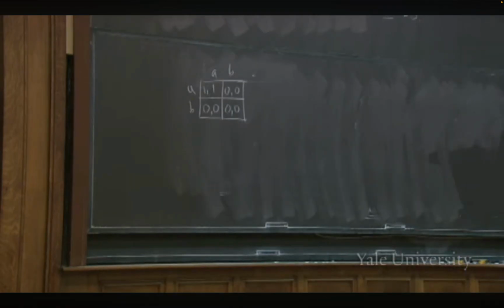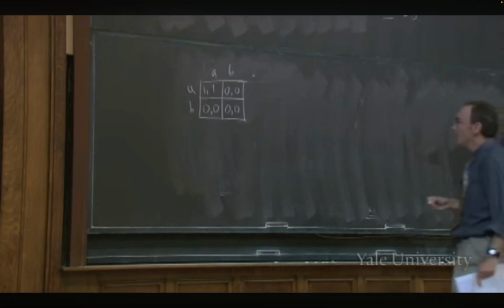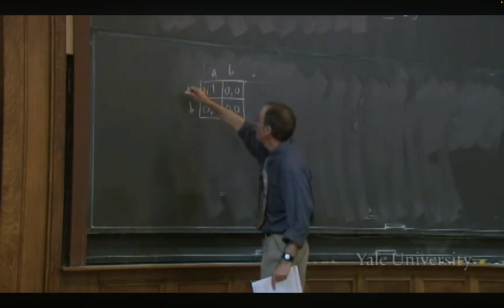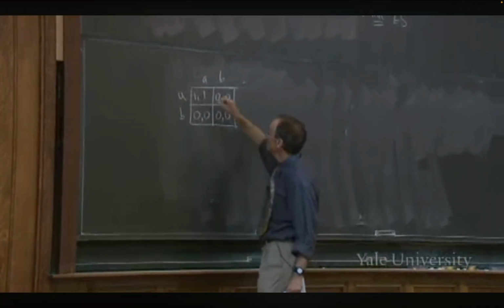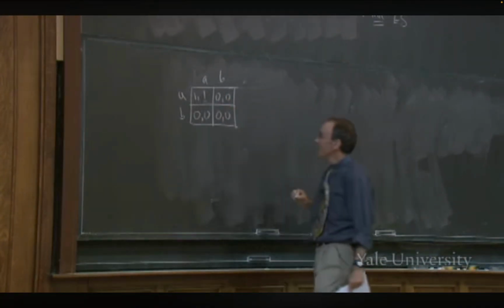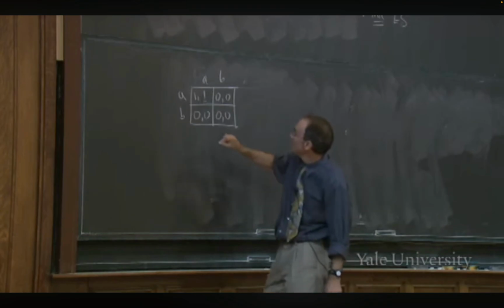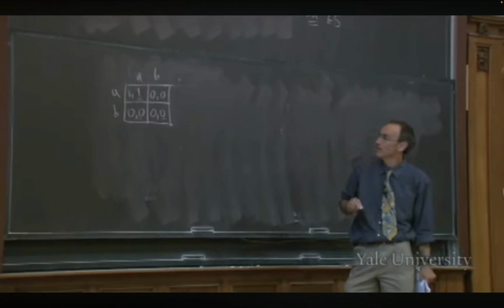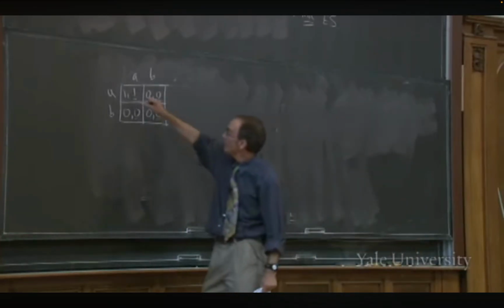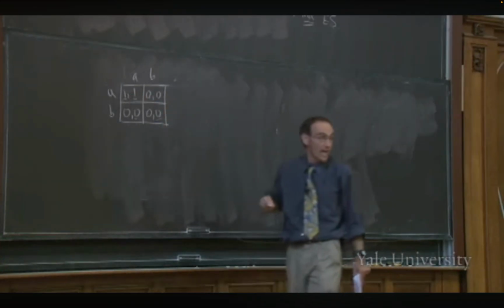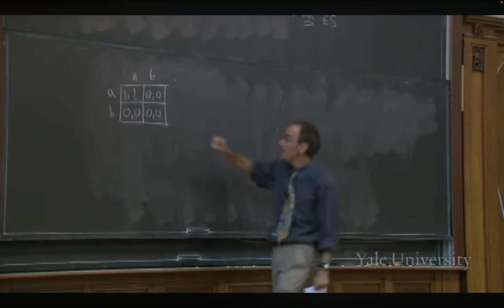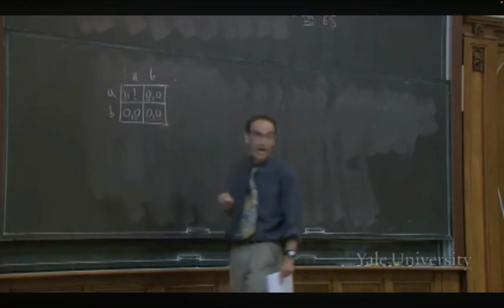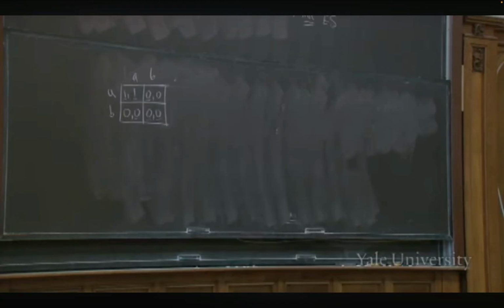All right, what are the Nash equilibria in this game? Well, let's go through slowly. If player row is playing A, then column's best response is to pick A. And if row is playing B, then column's best response is either to play A or B. If column is playing A, then row's best response is to choose A. If column is playing B, then row's best response is either A or B. This is the kind of exercise that is almost second nature for you now.